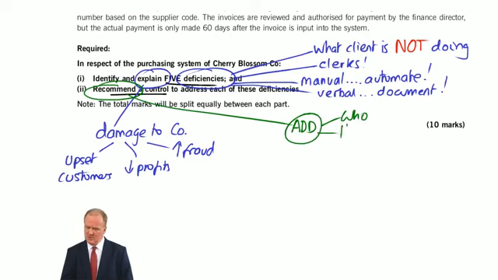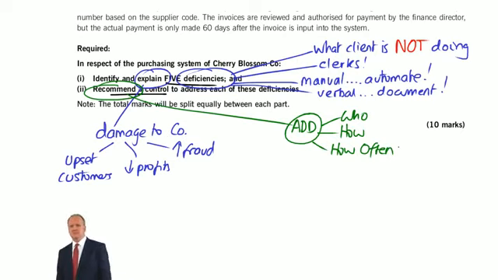Say who should do it, how should they do it, how often should they do it. Add some detail. Apart from that, this is all about practice and practicing what I've just said in blue and green up on that screen. So don't just practice them, practice the technique.